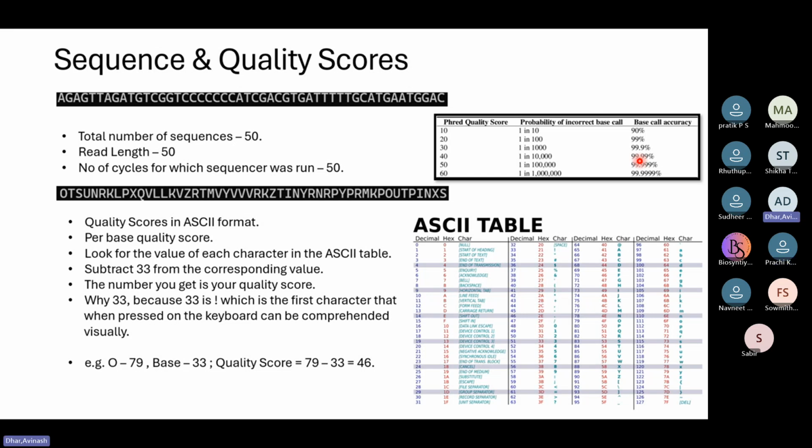Over a period of time, as the sequencing protocols improved, we have now increased the standard to Q30, which means a quality score of 30 or more is considered the best. Nowadays, we would prefer Q30 or more. Is that clear? Thank you, sir.